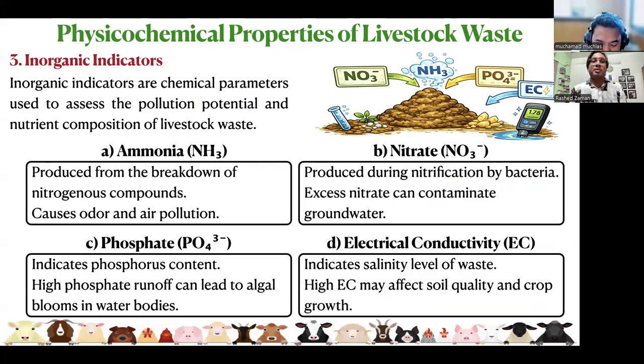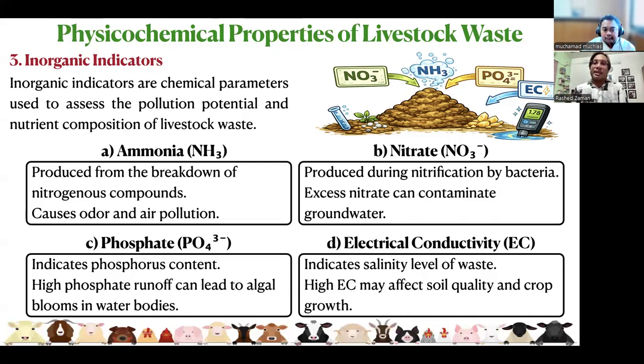When these break down, ammonia is formed. It causes odor and air pollution, because if the livestock waste is not stored or managed in a proper way, then the odor can go to the air and create air pollution.